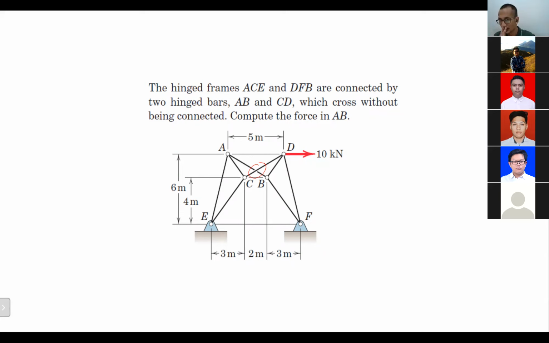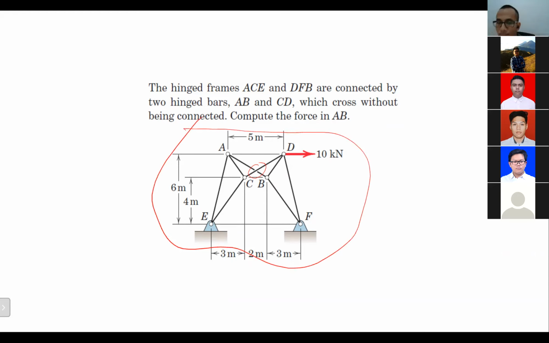What I want to discuss is how we can handle this kind of truss structure and solve it. So we assume that all the angles are found.